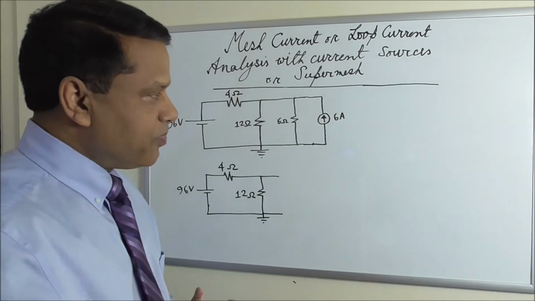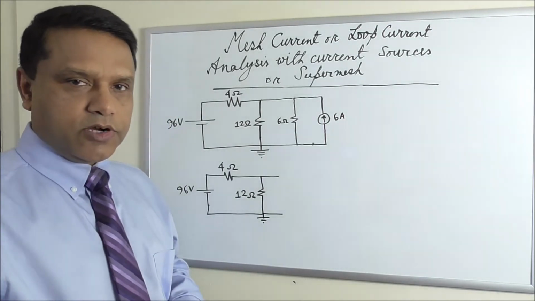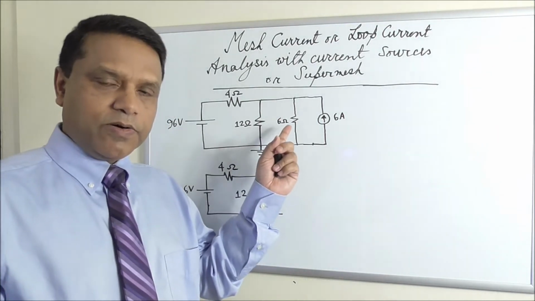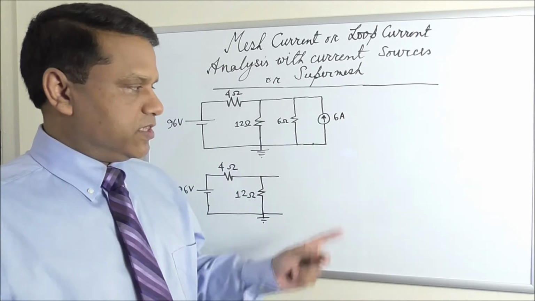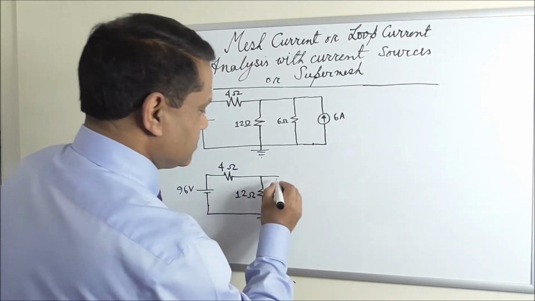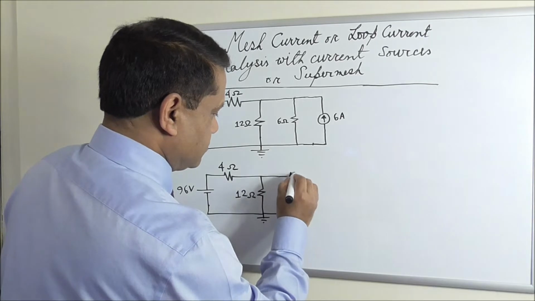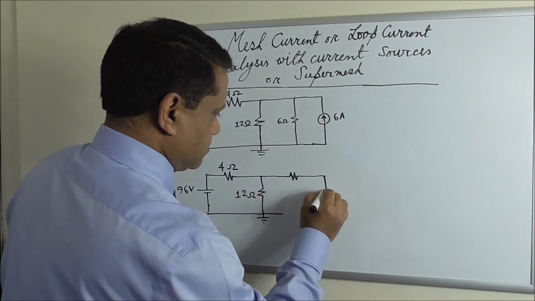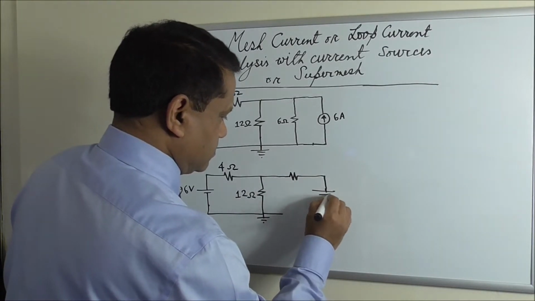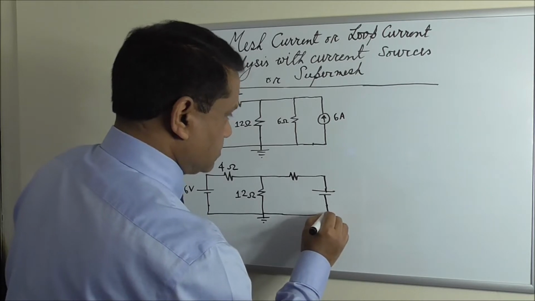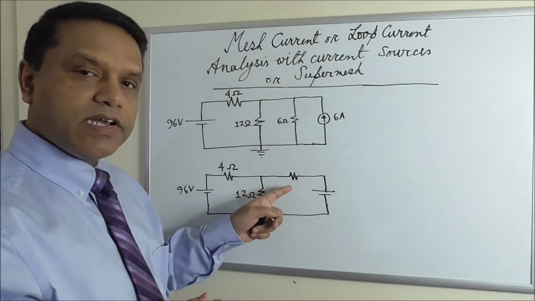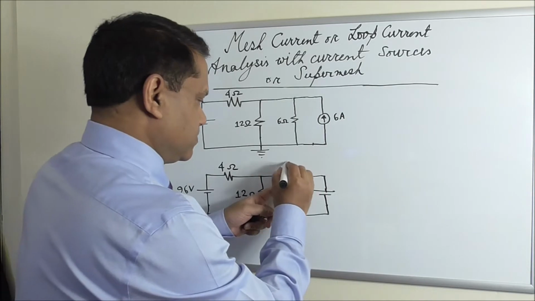So if you remember, to convert a current source into a voltage source, you have to put this parallel resistor in a series configuration with the voltage source. And the value of the resistor remains the same, 6 ohm.